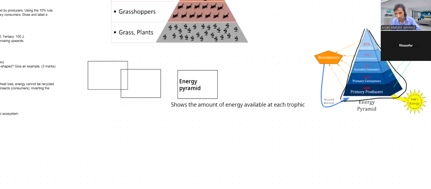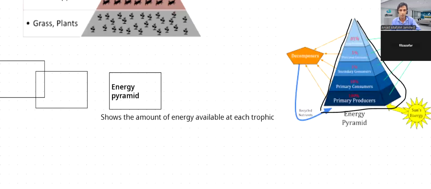These are different energy levels, and the different organisms eat from the lower energy level.